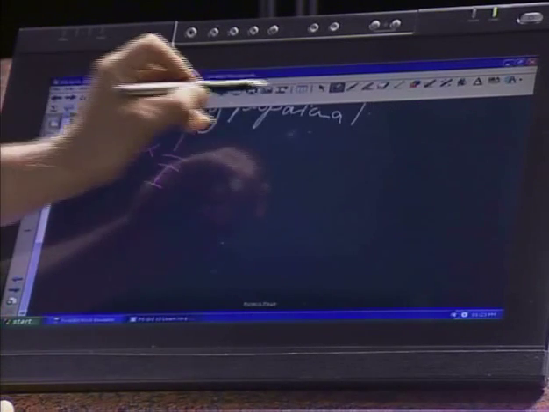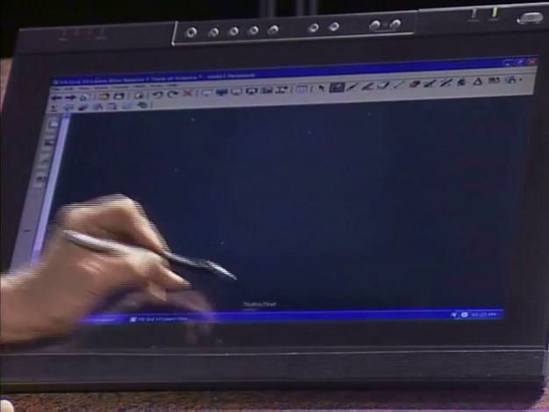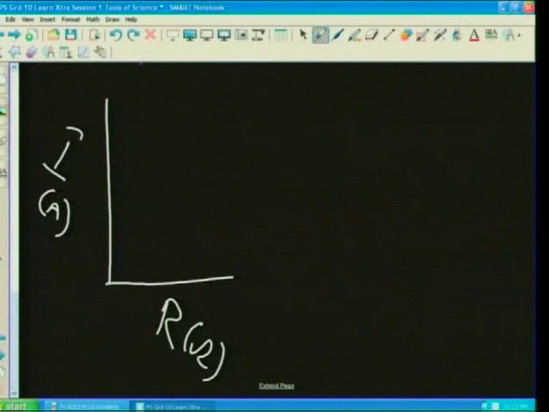Now the graph, just quickly, and I'm not going to plot all the points, I just want you to see what this graph will look like. If I put resistance and current, and I put current in amps and resistance in ohms, then the graph, starting with a large resistance, will have a low current. It will look something like that, a curve. And that's not very helpful.